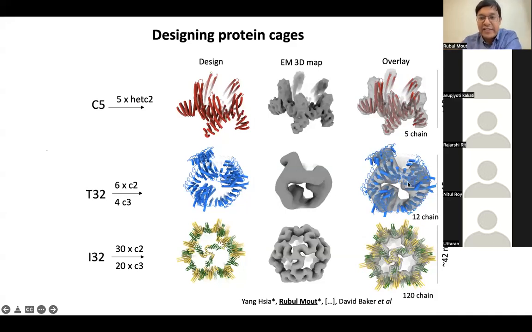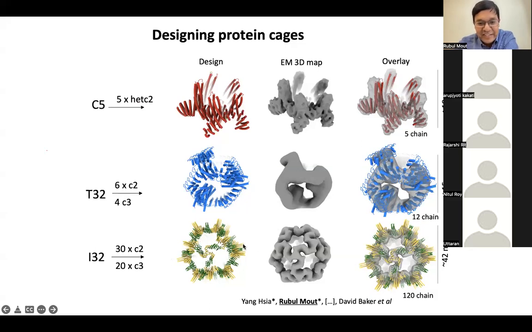I just want to tell you that these proteins are from total scratch. None of these proteins existed in nature. We built them from total scratch. And evolution took billions of years to make this, but as a modern scientist with all these tools, you can just build it in a couple of years.